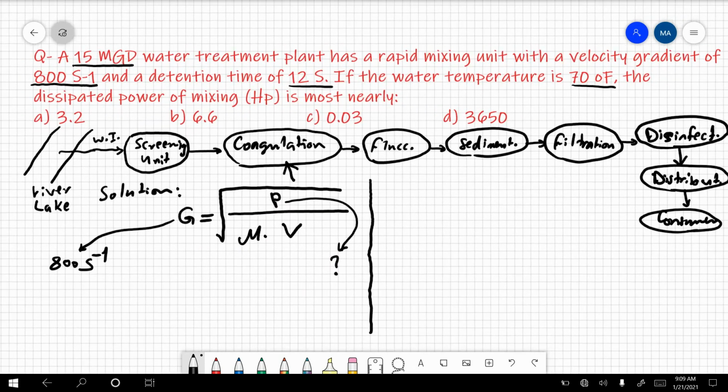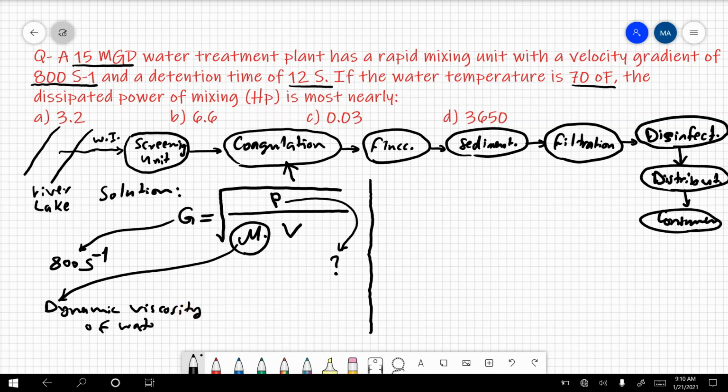We have the dynamic viscosity of water, and this is at 70 degrees Fahrenheit.